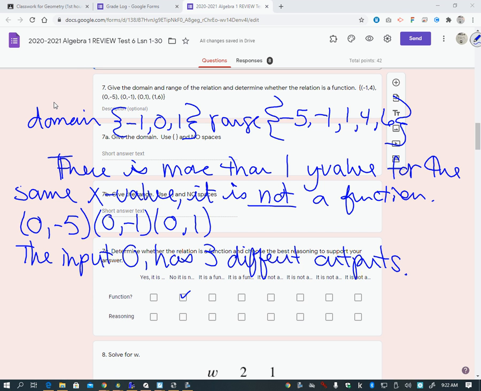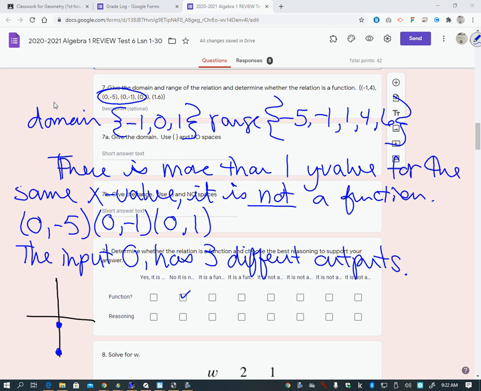Graphically we would see this if we plotted those 3 points, all with an x value of 0. What am I creating? Let's think about this. On the xy coordinate plane, 0, -5 is going to be somewhere down here. 0, -1 is about there.